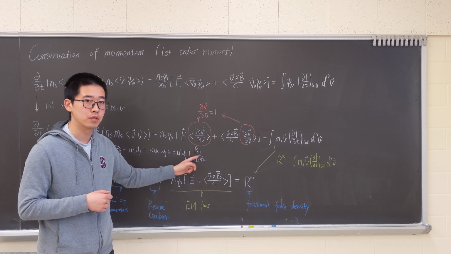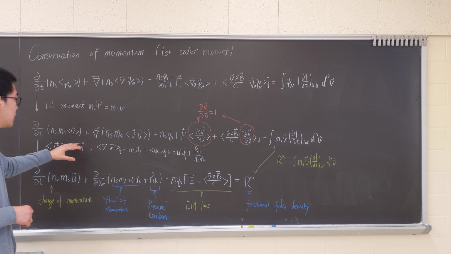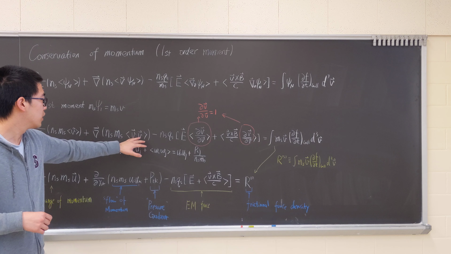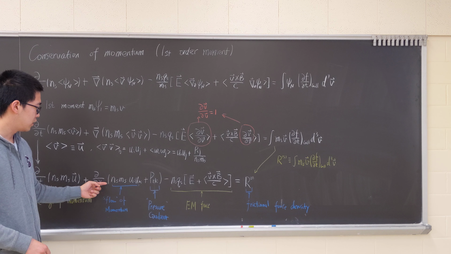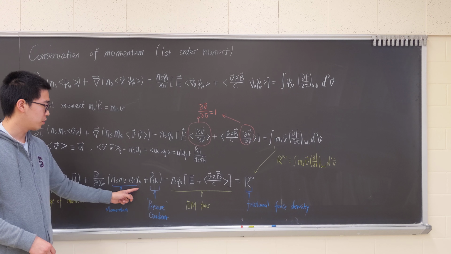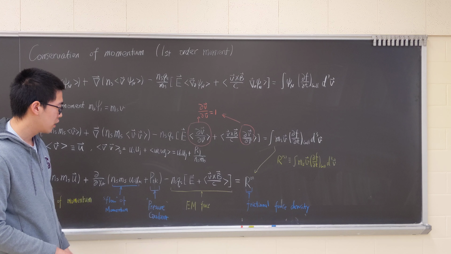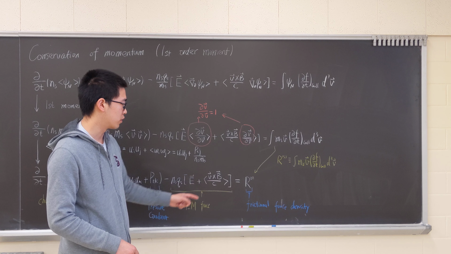This is a pressure tensor. So plug all those definitions into this previous equation. We're left with this: d/dt of n_s m_s u plus d/dx_k of n_s m_s u_i u_k plus p_ik, minus n_s q_s (E plus v cross B over c).